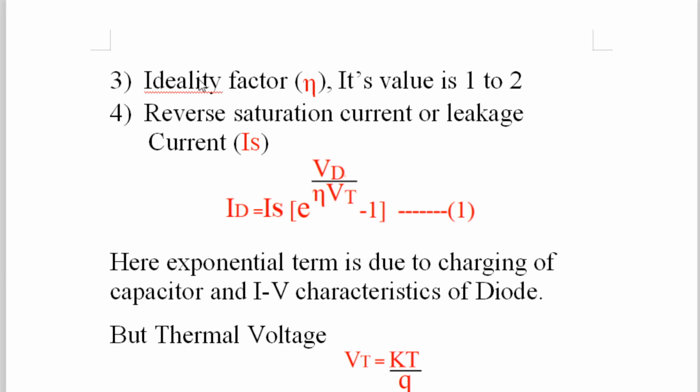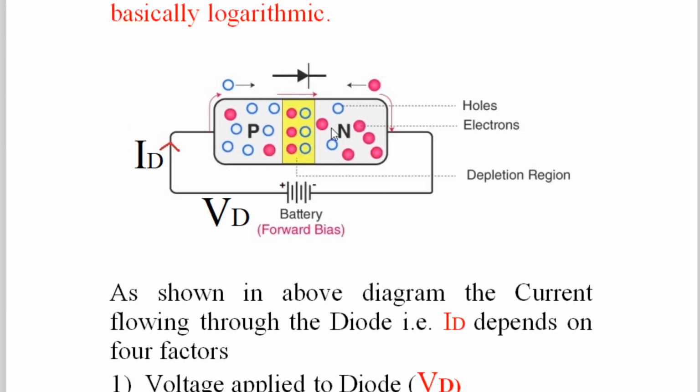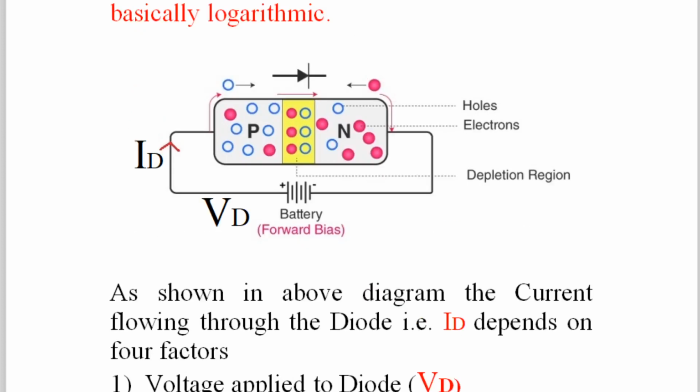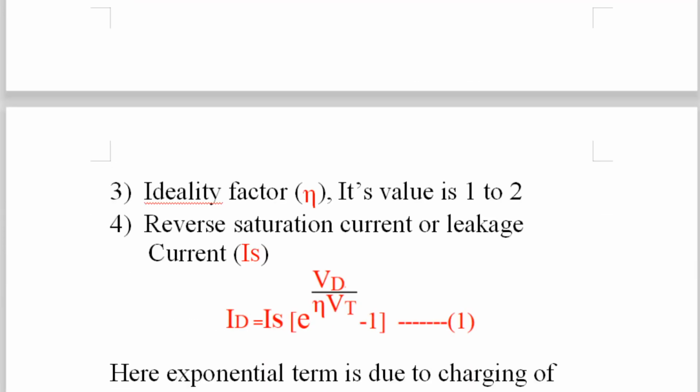The third factor on which the diode current depends is the doping parameter of the p-type and n-type material. There are various types of diodes available in the market, such as the general normal rectifying diode 1N4007, and another diode called the power diode. Depending on the doping factor, the current will also be decided, and that is called the ideality factor eta.